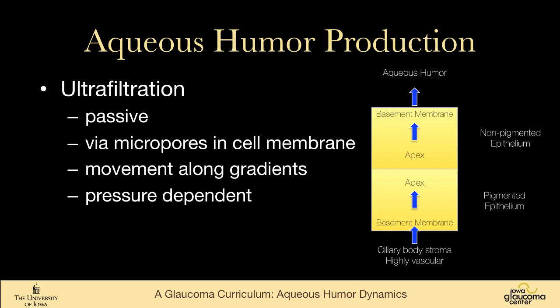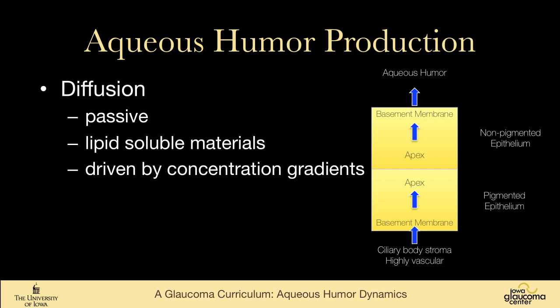Ultrafiltration is passive, where fluid moves via micropores in the cell membranes, moving along gradients, and is pressure dependent. And then diffusion is passive. It's lipid-soluble materials driven by concentration gradients.